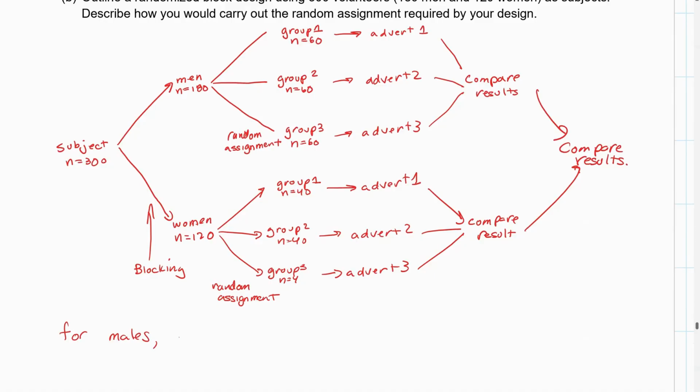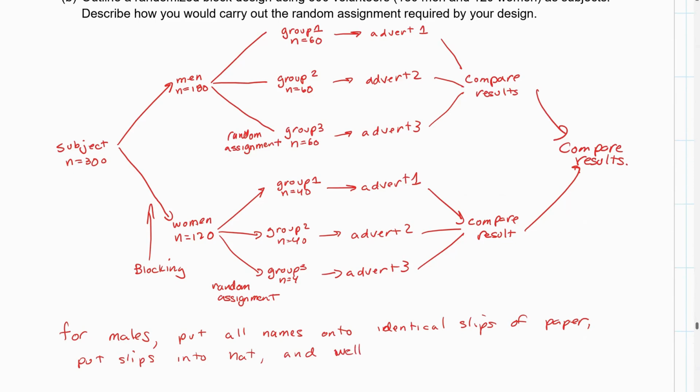So I would probably put all names onto identical slips of paper, put slips into a hat, and of course, mix well.